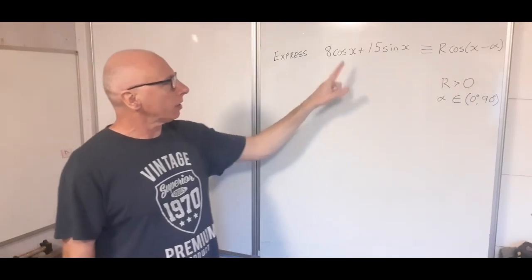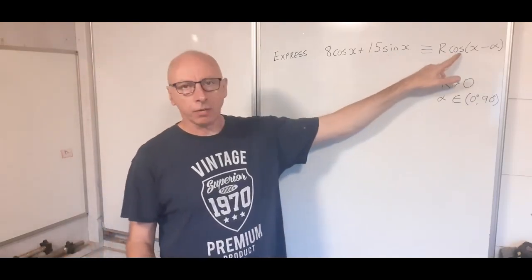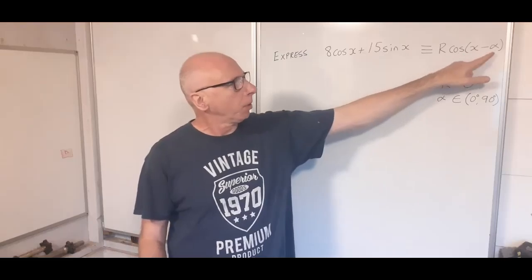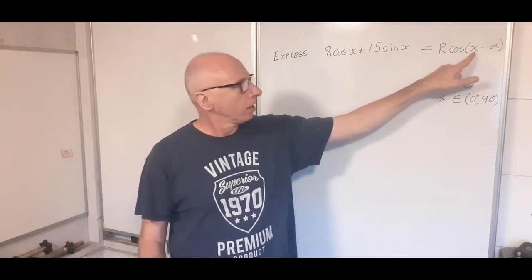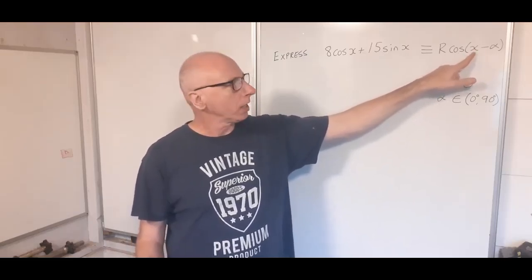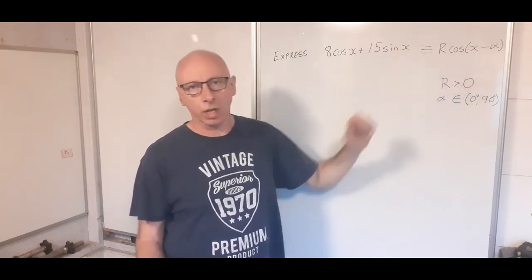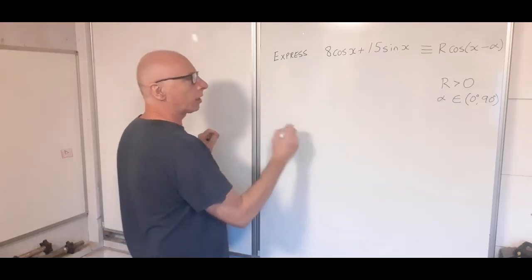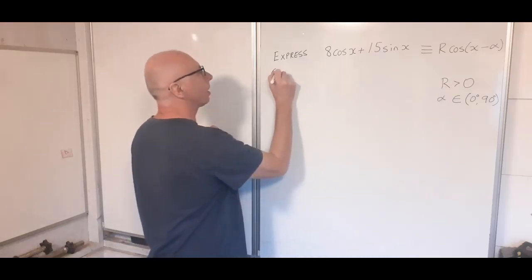Well, we've got cosine and sine here, we've got cosine, and in the input here we've got a difference. So the clue there is maybe to use the sum and difference formula for cosine. So let's write it here.